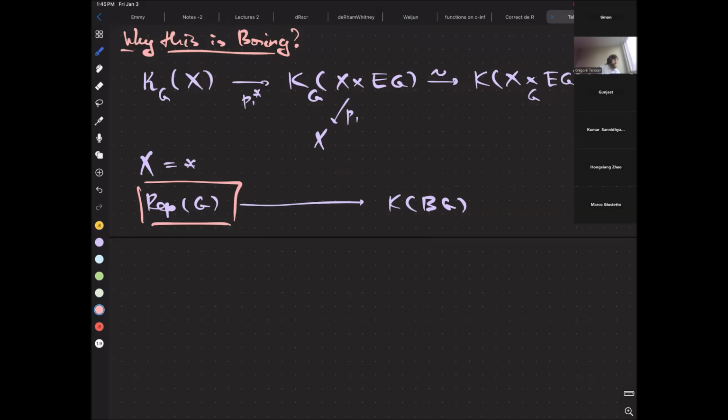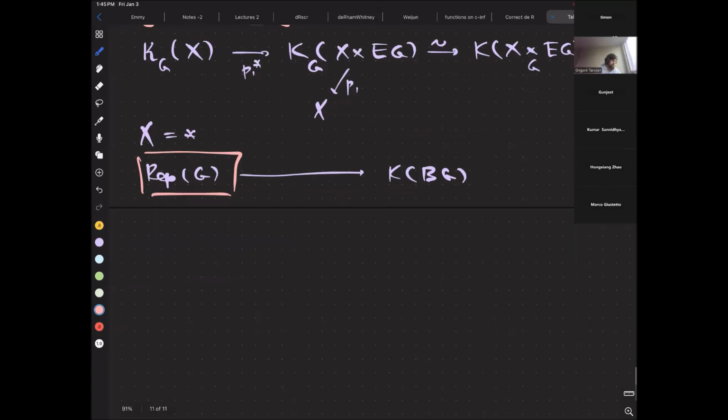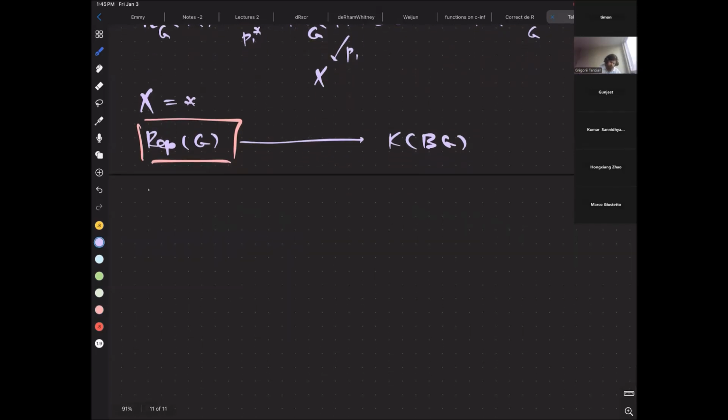So let's look at this a bit closer. So consider G equal to S1. Then, of course, we know that BG is CP infinity. And, of course, we know what K of CP infinity is supposed to be.